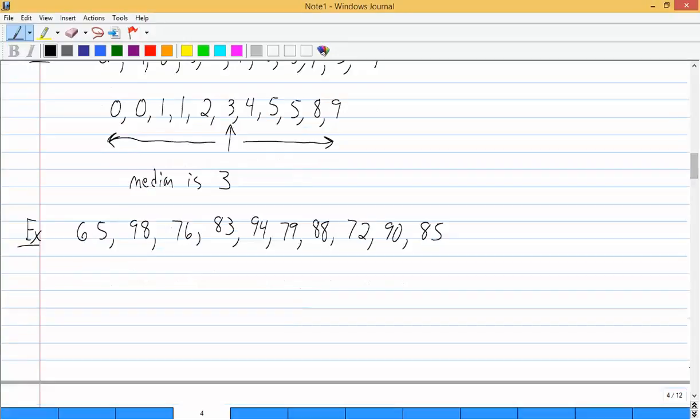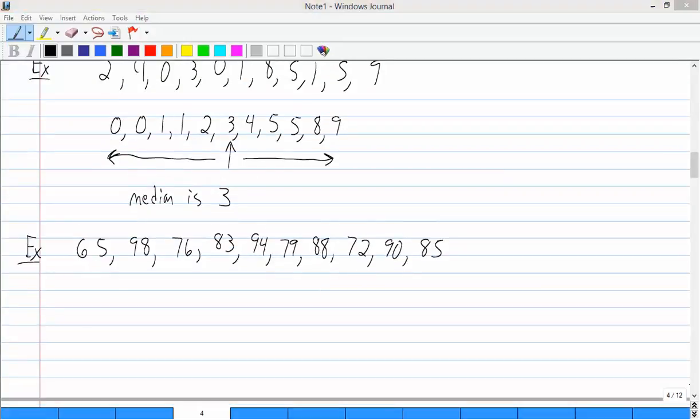Alright, so the first thing that we need to do is we need to order the set of data. So hopefully you have ordered the set of data correctly, because if we get those middle terms wrong, then we're going to get the median wrong.